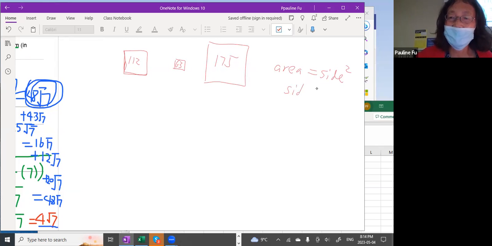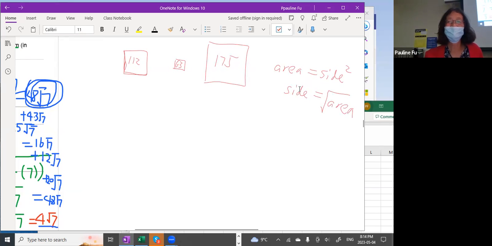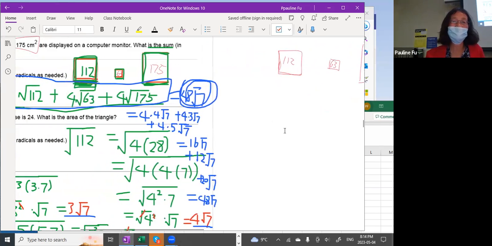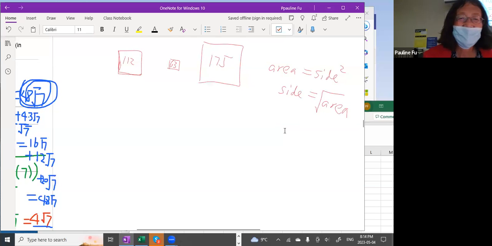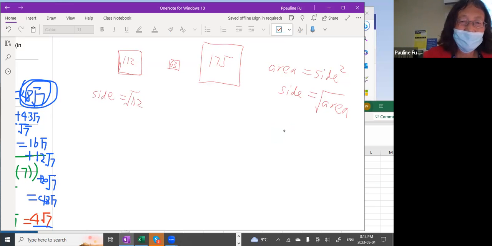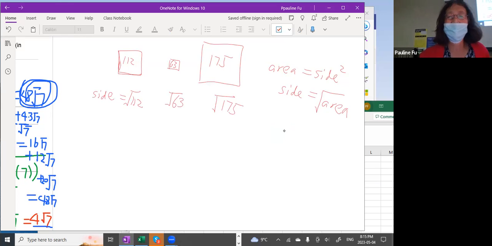So what is the side? The side is just the square root of the area. So the first side equals square root of 112, the second side square root of 63, and square root of 175. Those are the sides.